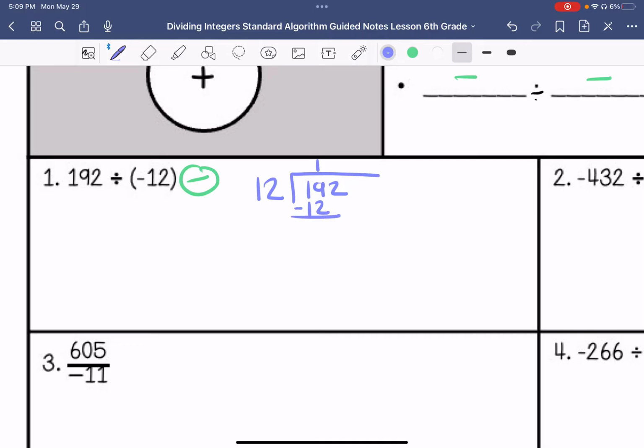Subtract that and get 7. Bring down the 2. 12 goes into 72 6 times. So we get 16, and then our answer is going to be negative, so negative 16.